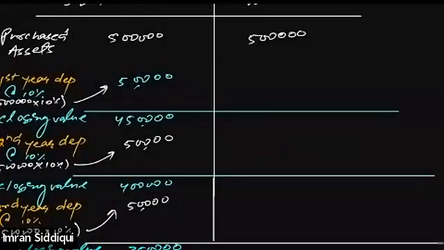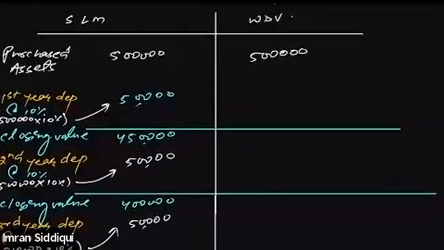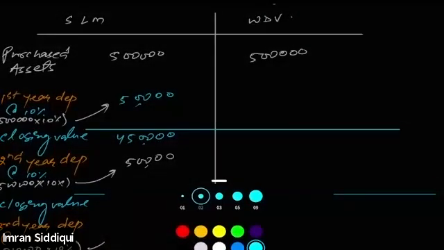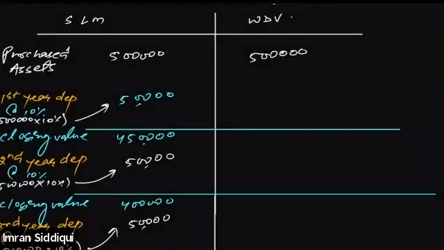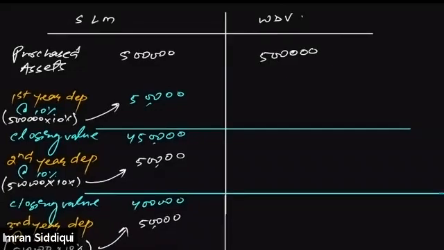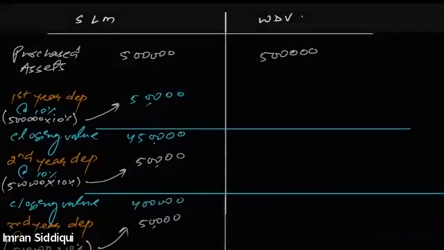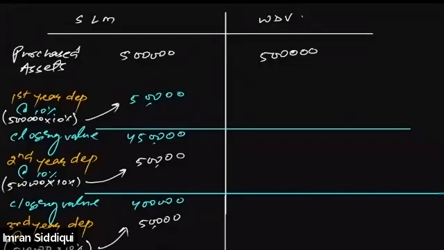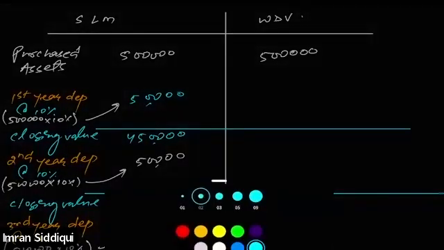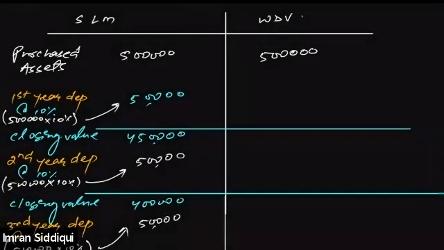But in case of the written down value method, we have a different technique of charging the depreciation. Like for example, if you need to calculate depreciation for the first year under the written down value method, assuming the rate of depreciation is again 10% per annum, in the first year depreciation will be on 5 lakh into 10%.